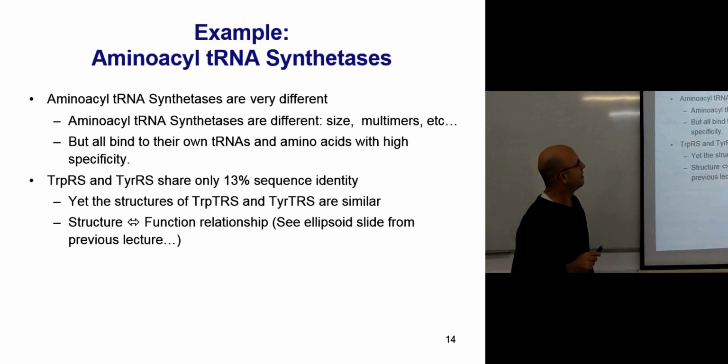And the idea here is that, let's say we want to find the relation between tryptophanyl tRNA synthetase and tyrosyl tRNA synthetase, which obviously have very similar function, right? They both connect tRNAs to amino acids.